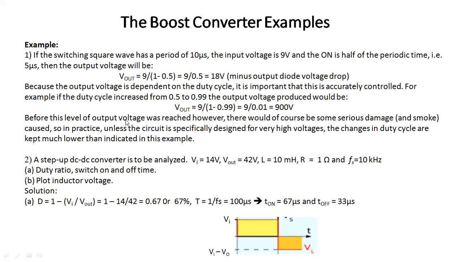Before this level of output voltage was reached, however, there would of course be some serious damage. Unless that circuit is specifically designed for very high voltages, the changes in duty cycle are kept much lower than indicated in this example.